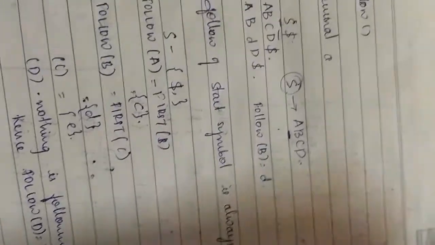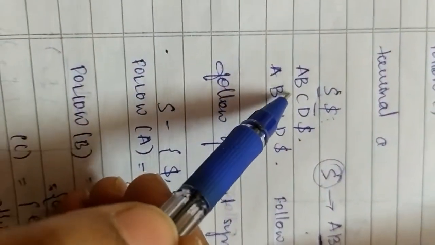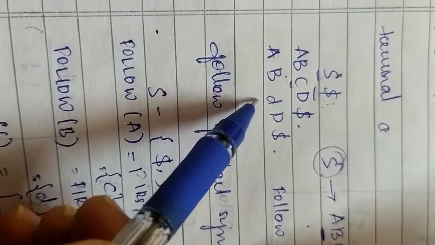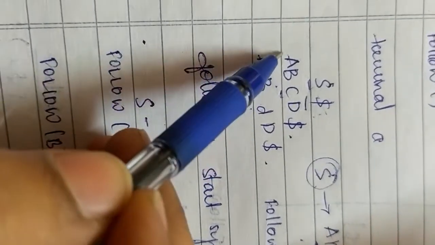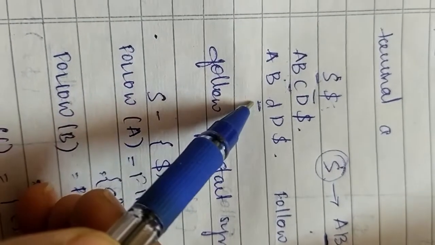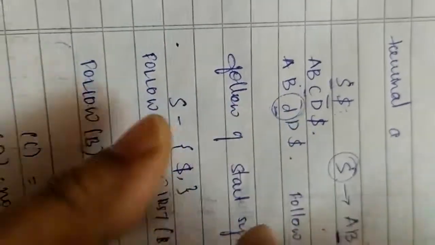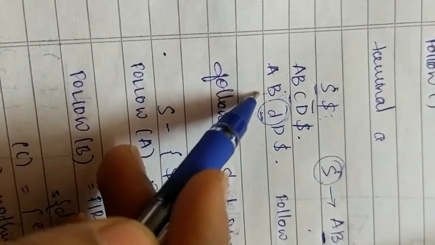Now if you look at the production, I have B producing C and C producing D. If you replace this C with its production here, A B is followed by D. When I replace C with D, B is followed by the non-terminal D. So what is followed by B here?